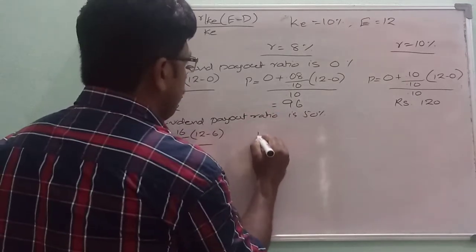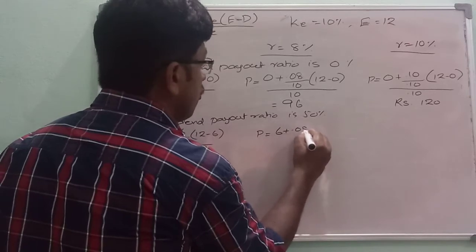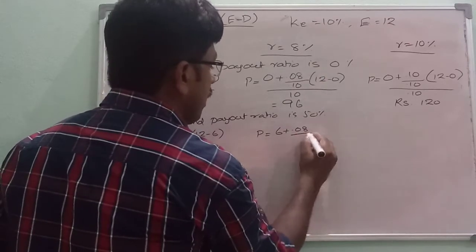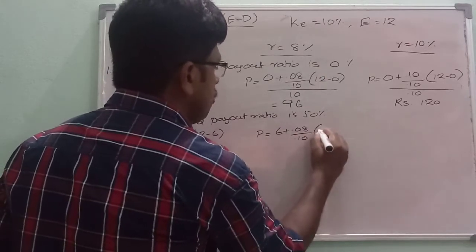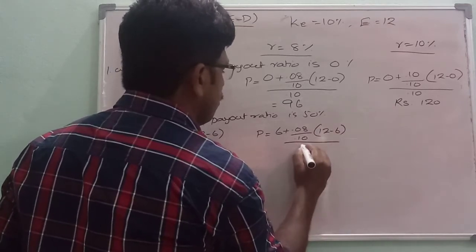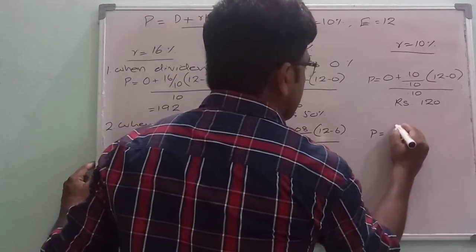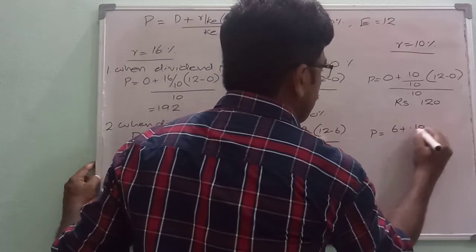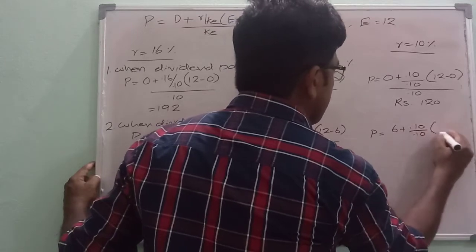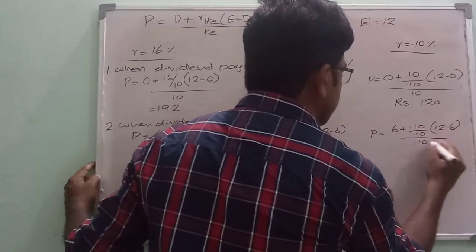And here P is equal to 6 plus 0.08 divided by 0.10 into 12 minus 6 whole divided by 0.10. And in this case P is equal to 6 plus 0.10 divided by 0.10 into 12 minus 6 whole divided by 0.10.